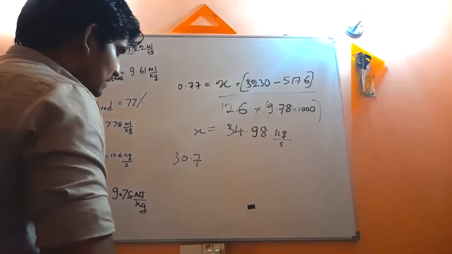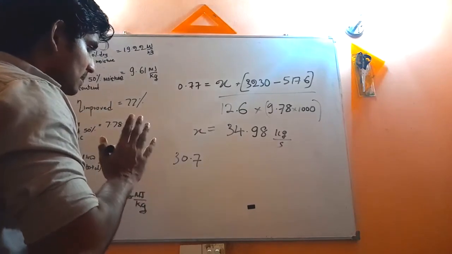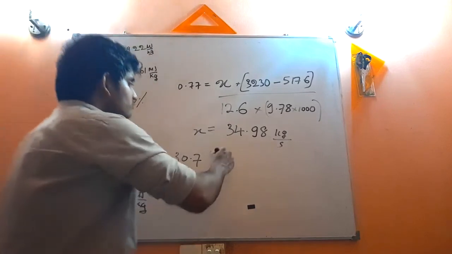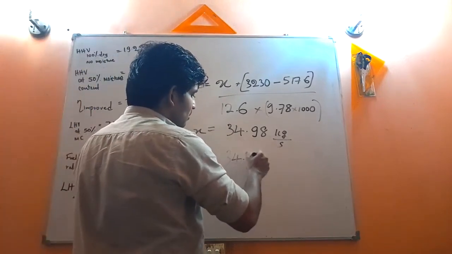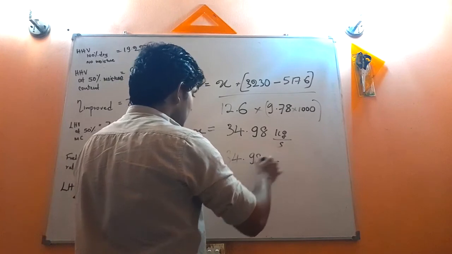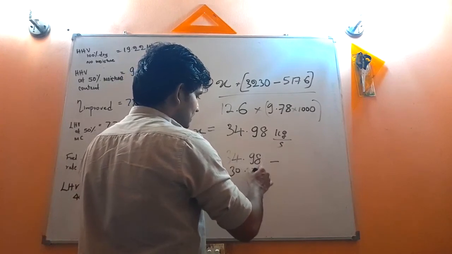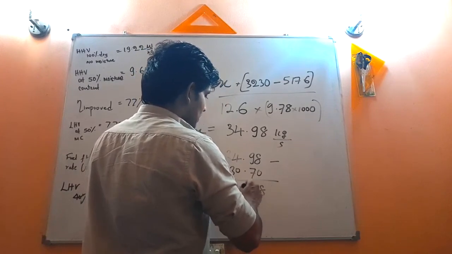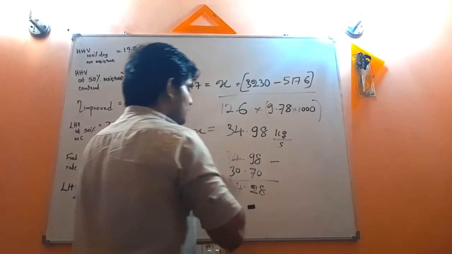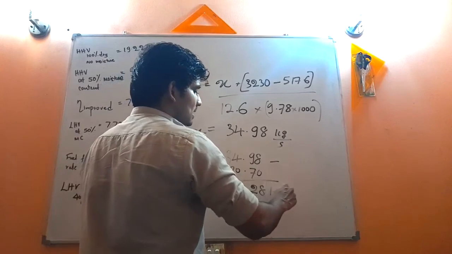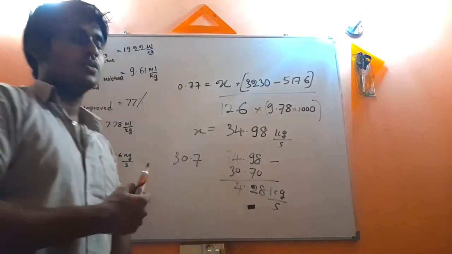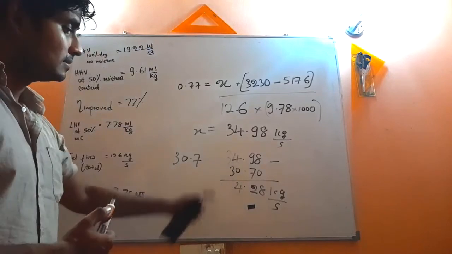Considering it as a quantity, there is an increment of 34.98 minus 30.7, which is 4.28 kilograms per second increase or rise in steam flow rate.